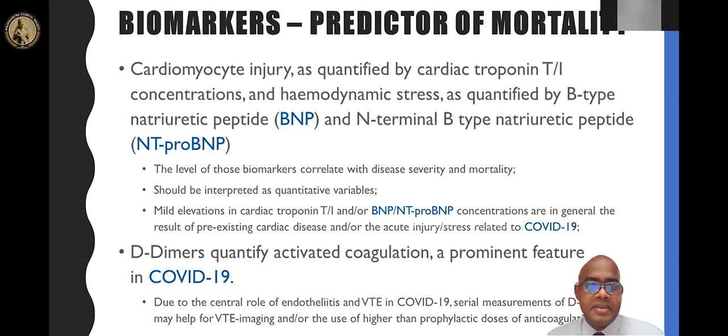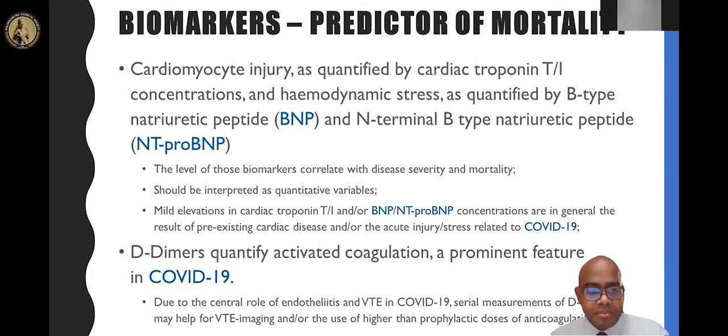Cardiac stress is diagnosed by the BNP and the pro-BNP levels. In fact, this could be serially monitored to detect your patient's cardiac stress status, or whether he's recovering or worsening, depending on the rise or fall in this pro-BNP evaluations. But the only problem is in Sri Lanka, it's not freely available in the government sector, and it's expensive in the private sector.